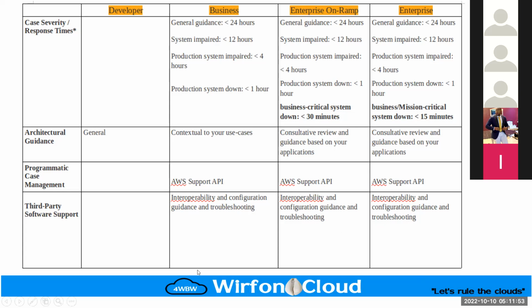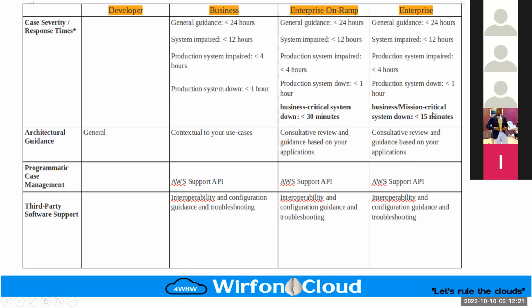Okay, so what I want you to take note of, pay attention, is the fact that when you look at the enterprise On-Ramp and the enterprise, for business critical downtime they are expected to respond in 30 minutes for the enterprise On-Ramp, and for the enterprise you have business and mission critical response time of 15 minutes.